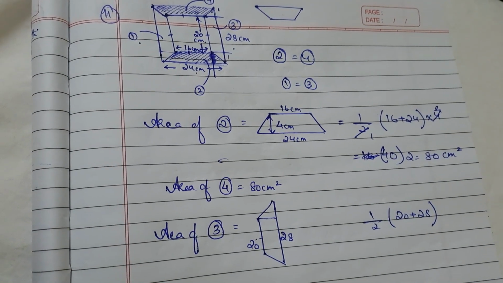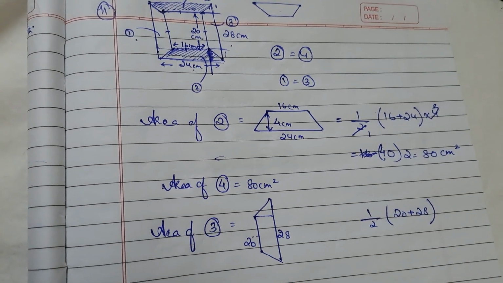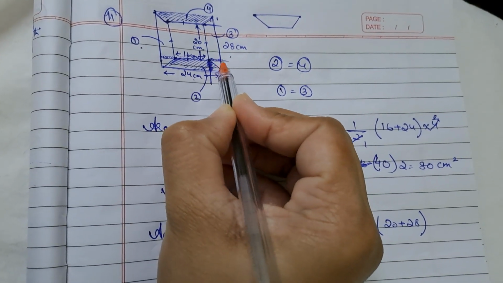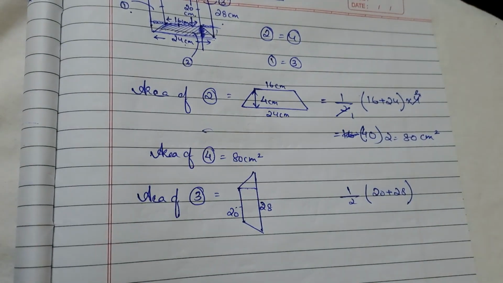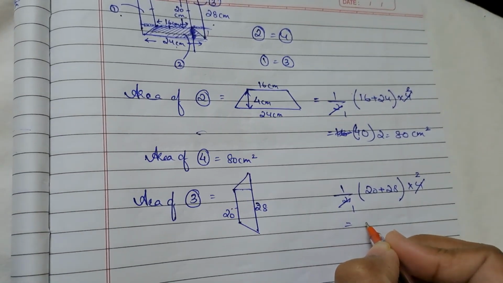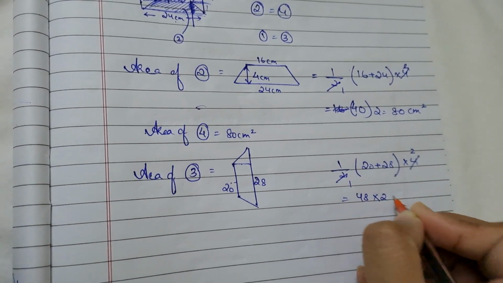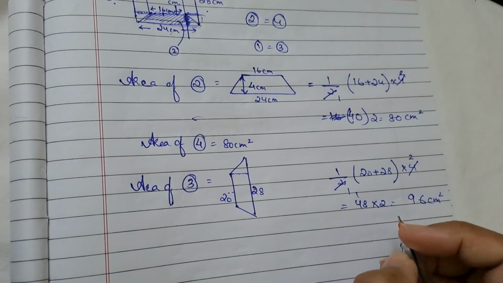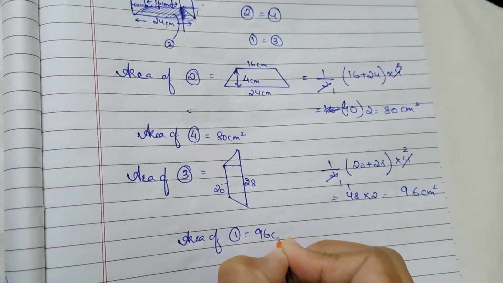It will turn out to be 8 centimeters again. Now यहाँ पे 4 centimeters जा चुका है, यहाँ पे 4 centimeters जा चुका है, isn't it? So this will be 4 centimeters again, times 4, half times, and that is going to be 48 times 2, that is 96 centimeters square. Okay, now area of 1 will also be 96 centimeters square.